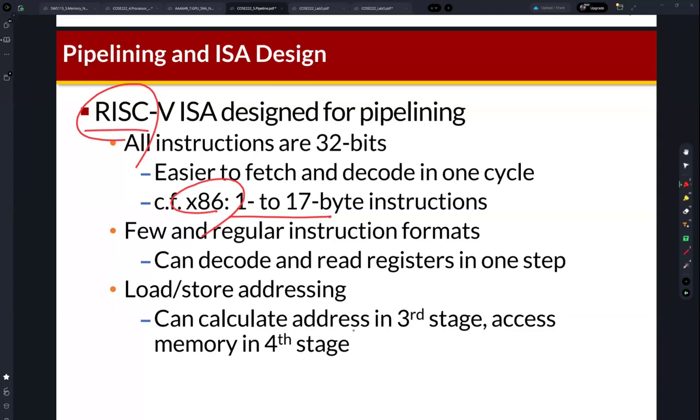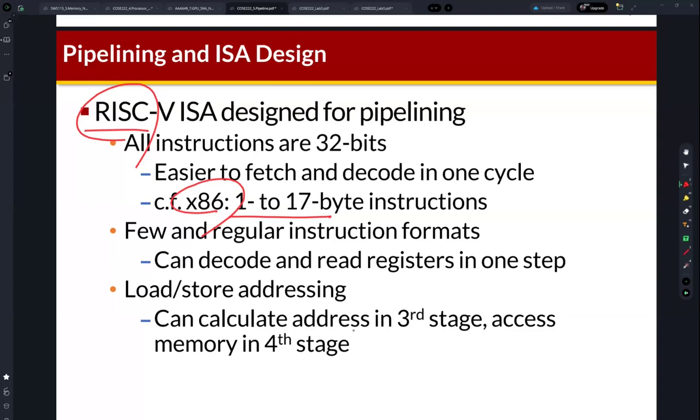But as I mentioned, even though they are x86 machines, x86 machines also employ a RISC-like architecture. Okay, so that's why the Intel CPU clock frequency is very high, right?